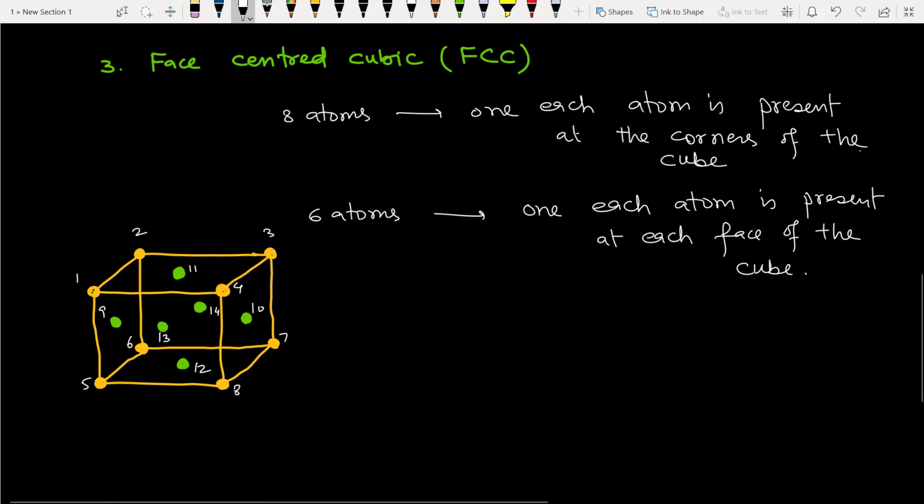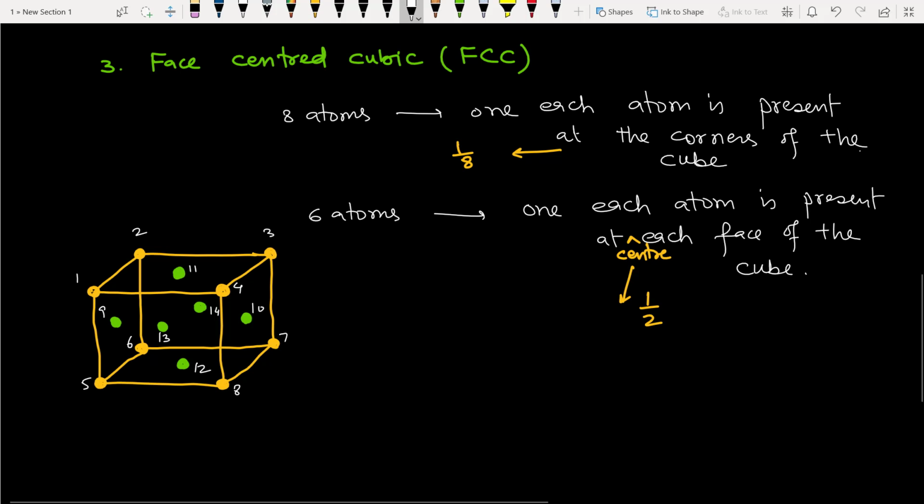Each atom at the corner has a contribution of 1/8. Each atom at the center of each face has a contribution of 1/2, because a face atom is shared by 2 cubes.